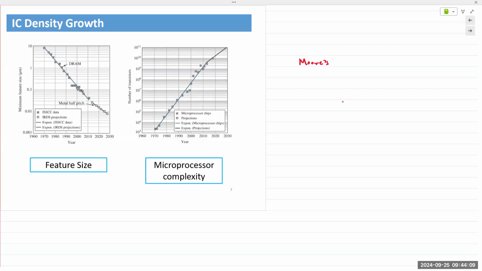So at a conference, he was presenting a paper, talking about how the number of transistors is increasing, and he made a prediction: the number of transistors will double every 24 months for the foreseeable future. He was probably talking about maybe 10, 20, 30 years. Who knows?